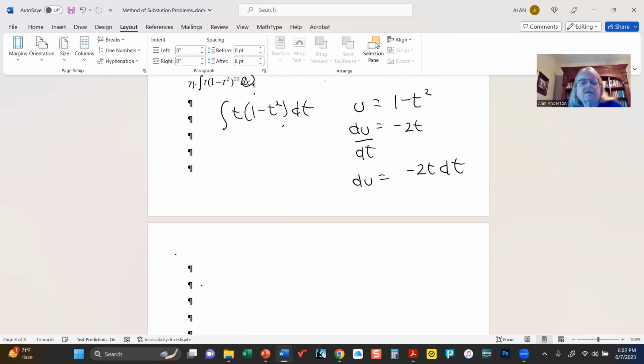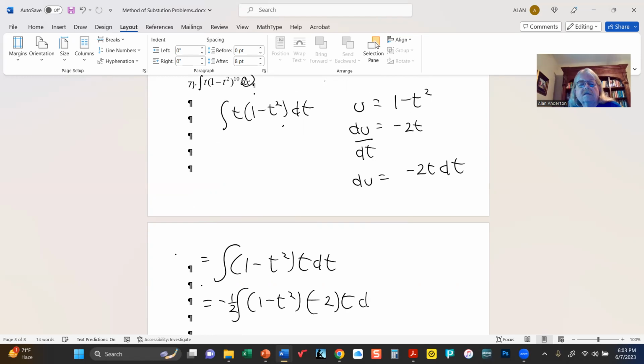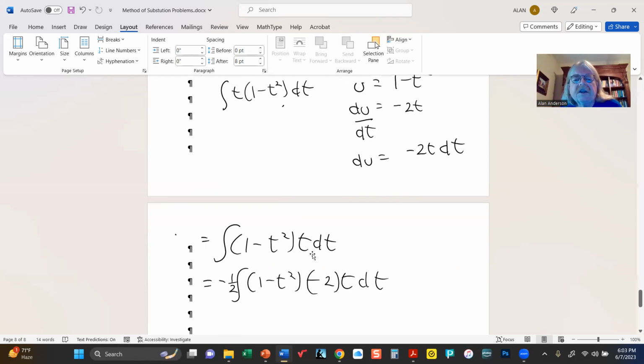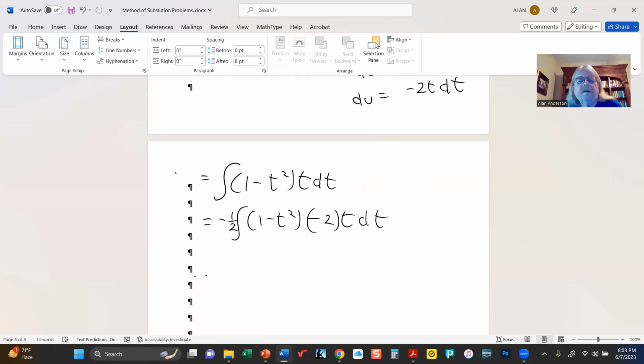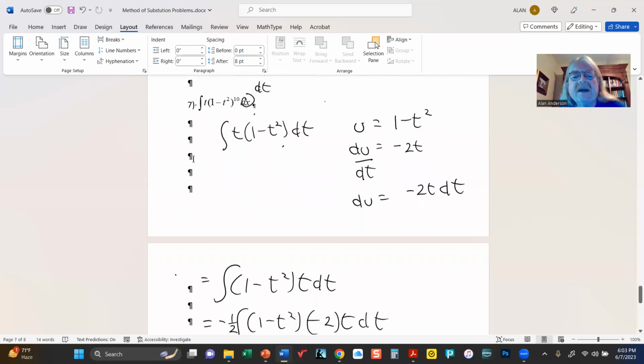So we'll first rewrite this very quickly. I'll put minus a half here, so that we don't change the value of our expression. But what we have done is rewritten it. Oh, wait a minute. I almost forgot there's a 10th power there.